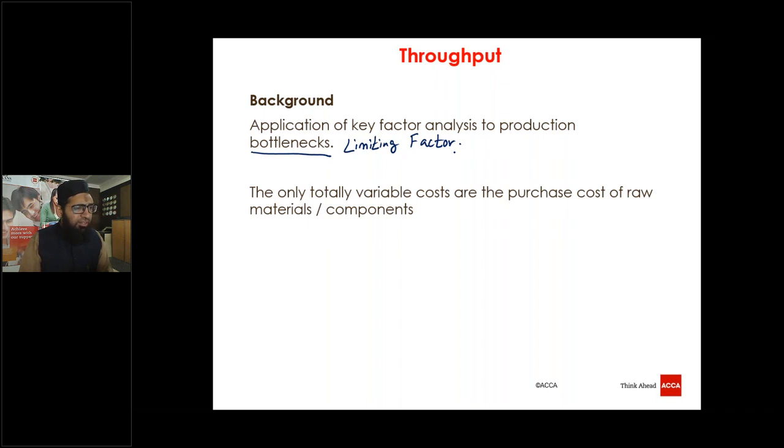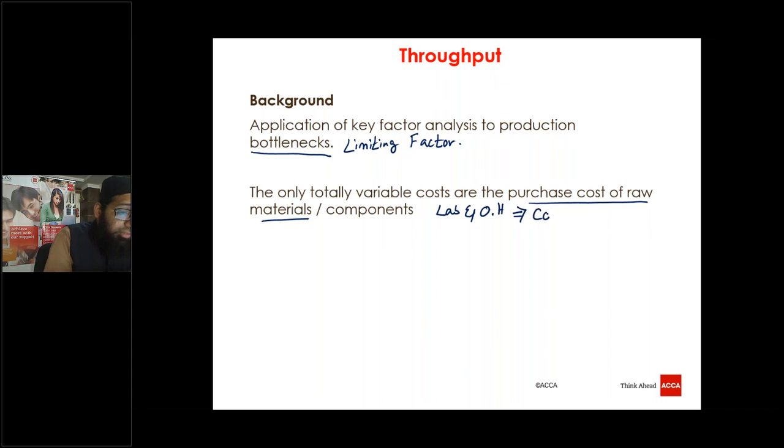Throughput says that the only total variable cost is the purchase cost of raw material. So according to throughput, all the labor and overheads are fixed. That means labor and overheads, which we call conversion cost, are fixed.